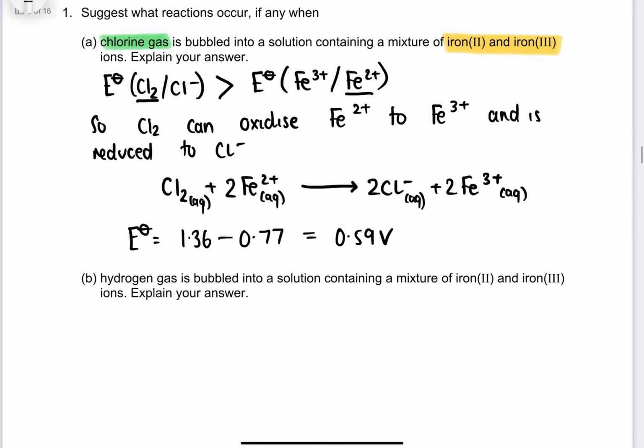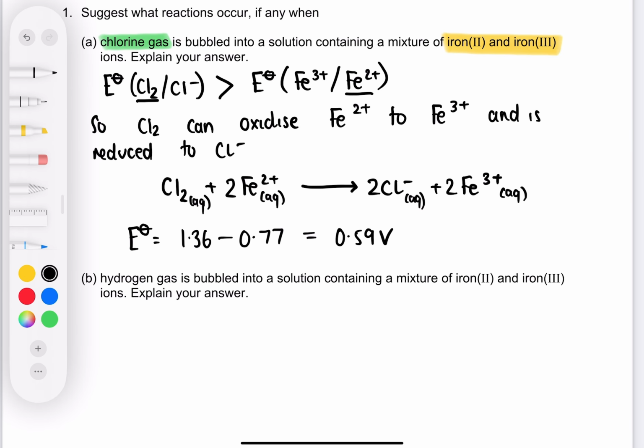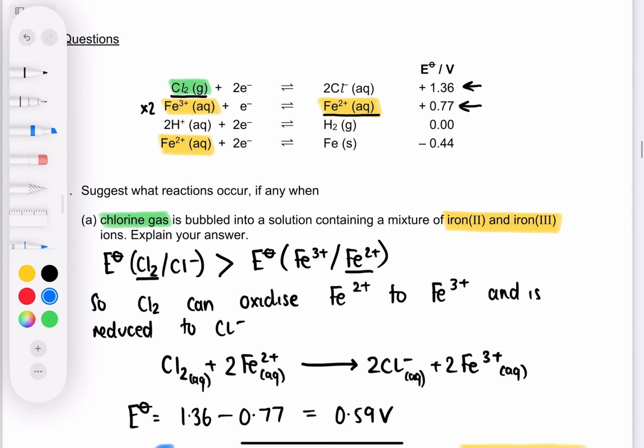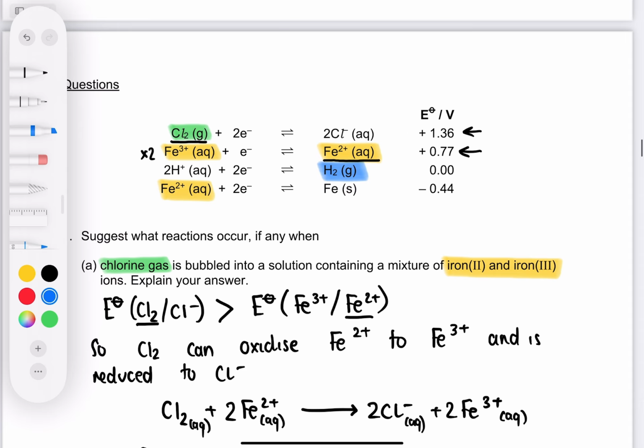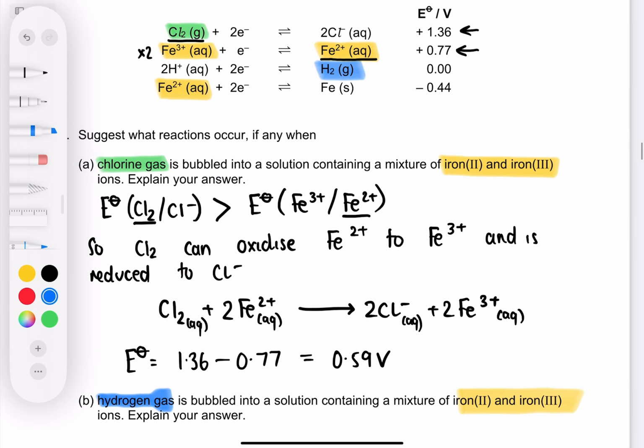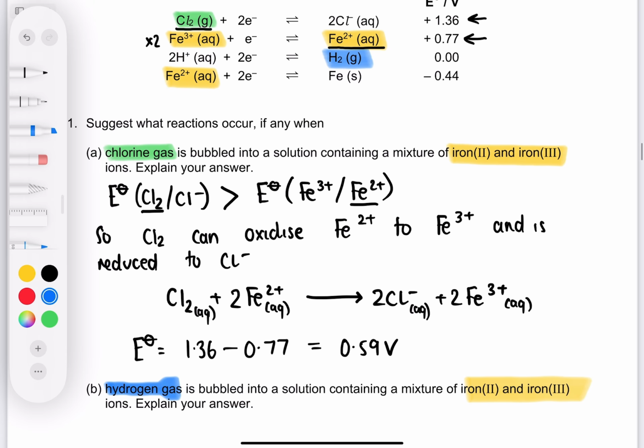Then it's asking us what would happen if this time hydrogen gas is bubbled into our mixture of iron 2 and iron 3. So if we go back up and we find hydrogen gas is on the right-hand side. So hydrogen gas is a reducing agent, and reducing agents need to be more negative. They need to have the most negative number.